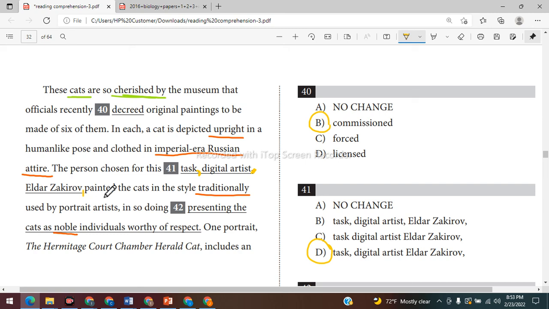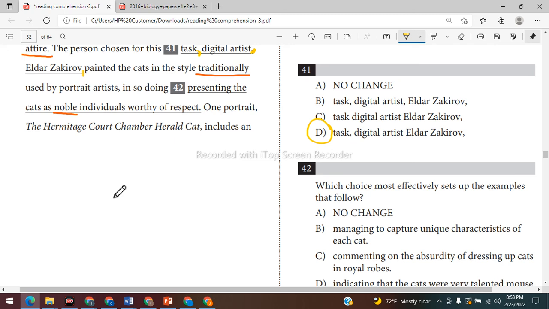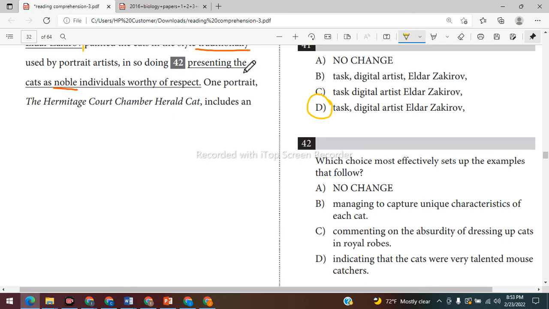All right, number 42. Presenting the cats as noble individuals worthy of respect. Which choice most effectively sets up the examples that follow?